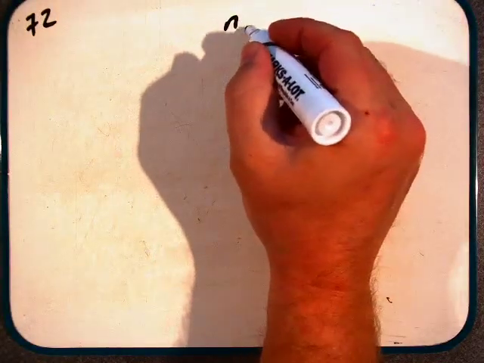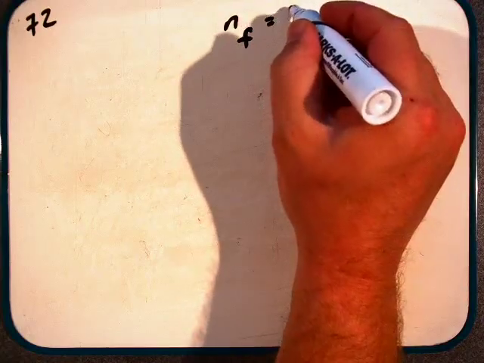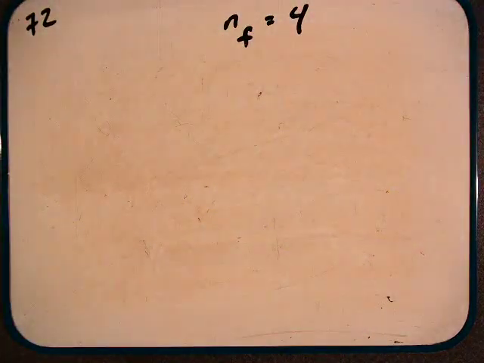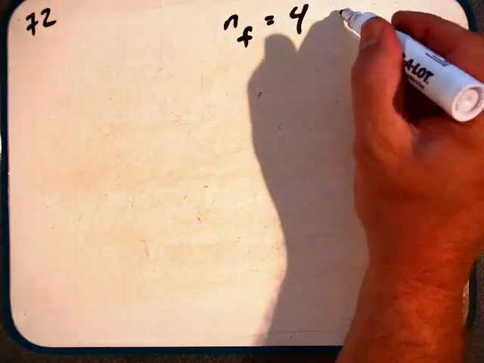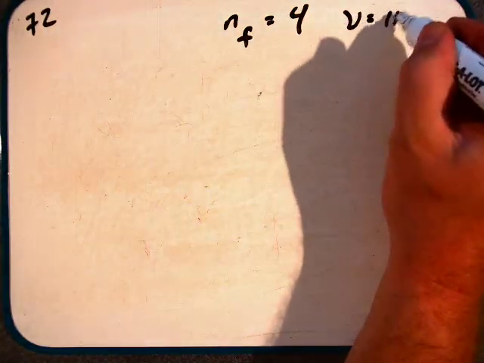So we're relaxing to this level, so that would be our final quantum level of 4, and it emits light at 114 terahertz. So that's a frequency.